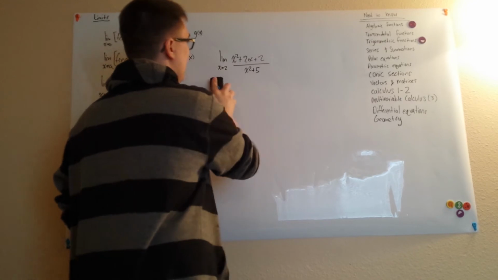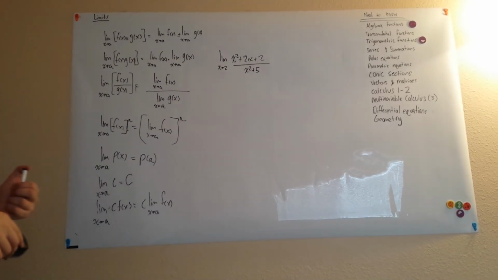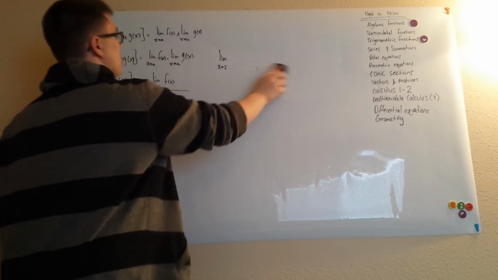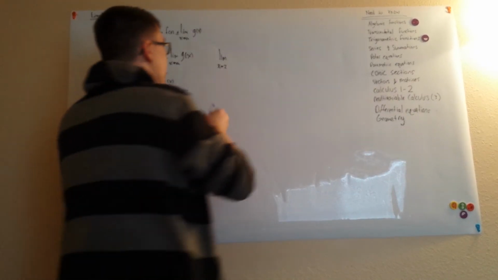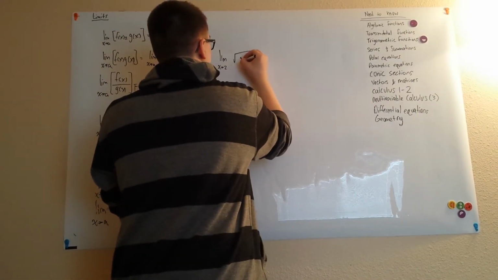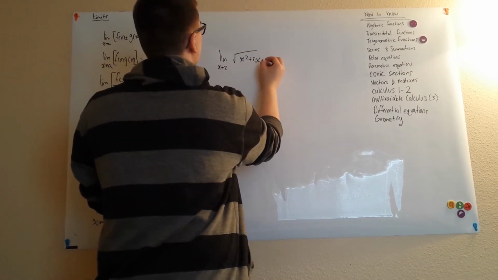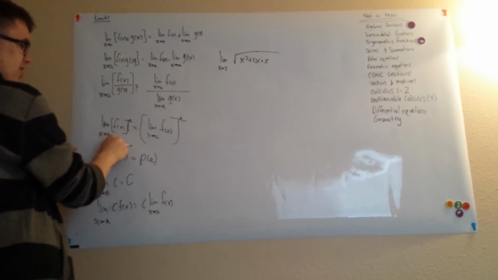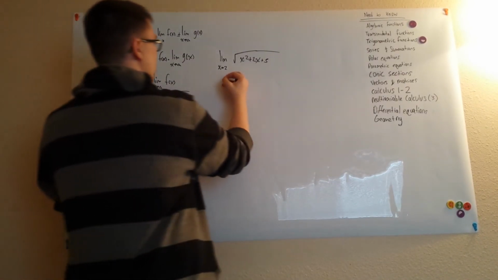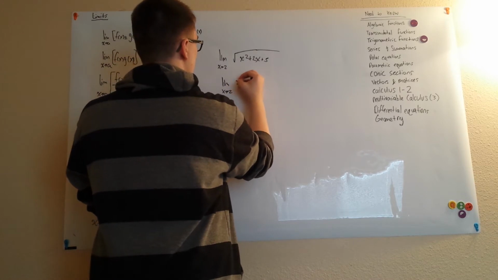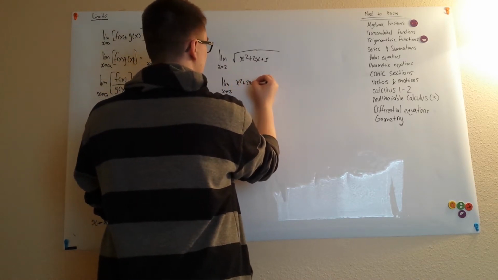So, at this point, no matter what the function is, if it was a square root function, the square root of x squared plus 2x, hey, that's not a polynomial. But remember the nth power rule, if we have a function to some power.